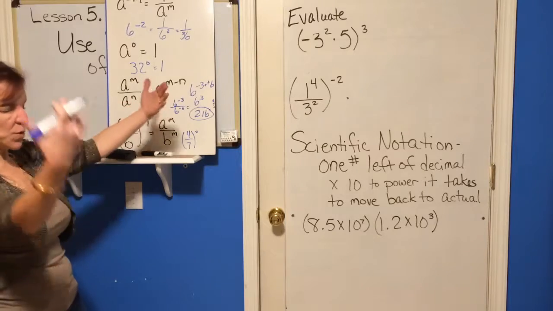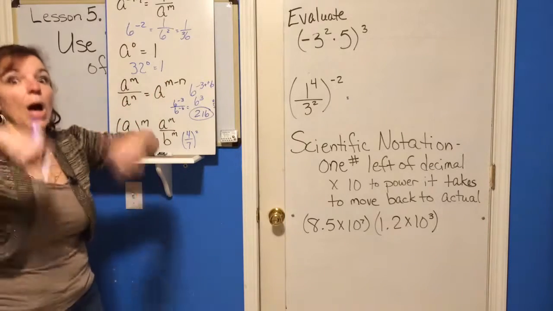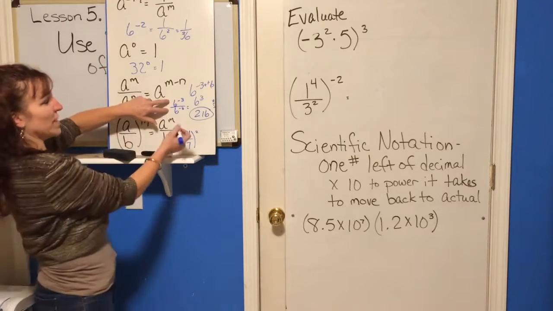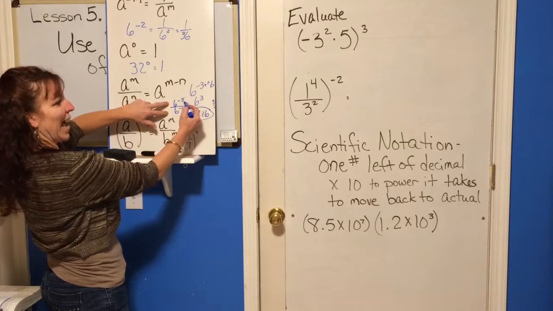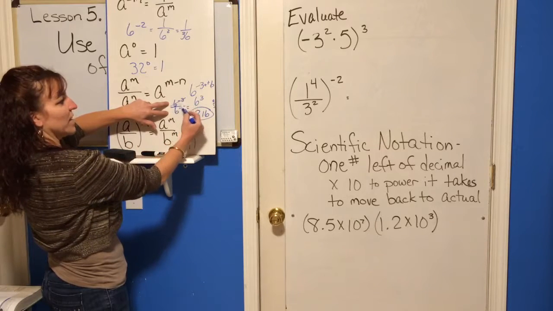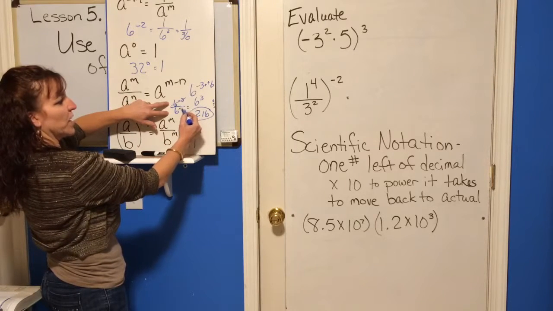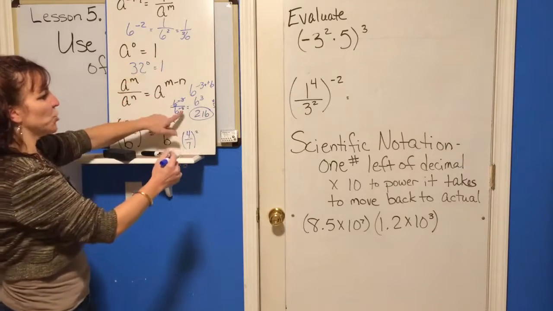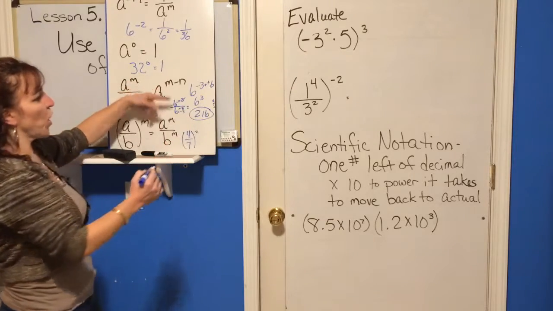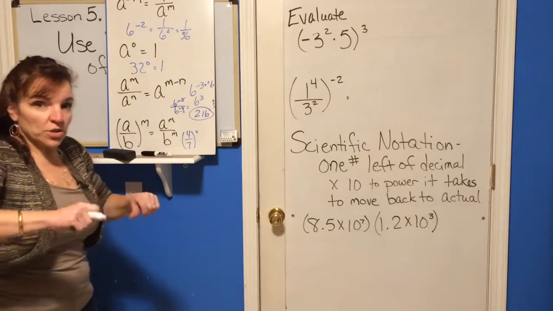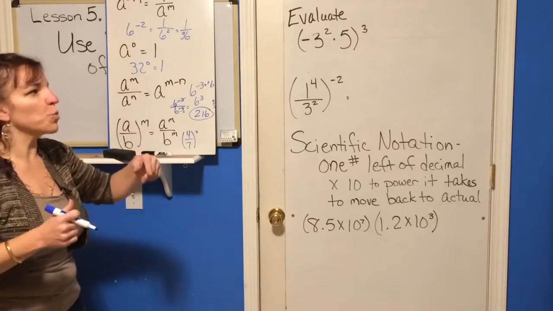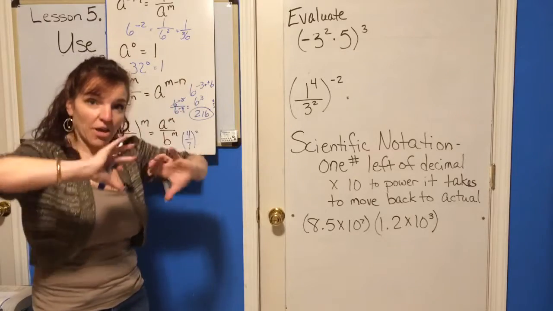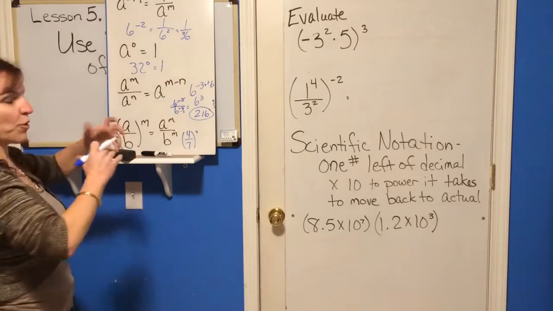Because this negative 6 was in the denominator, when we flipped it up to the numerator, it made it positive. So what's actually happening is we're canceling out. We've got negative 3 here, so negative 3 here cancels out, and that's why it's now in the numerator: we've got 1 over 6 to the negative third, so that bumps it up to the numerator. We'll do some more examples of those, because that negative exponent flips it to the other side of your fraction.